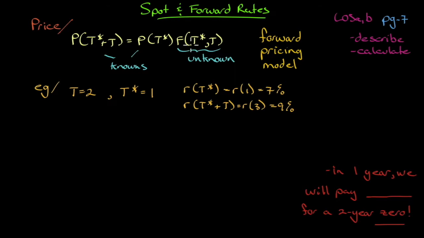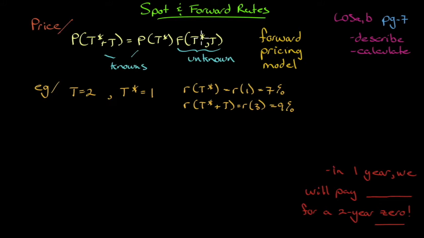This is our unknown. This is what we've got to figure out. And we have our price for a zero coupon bond that matures in T star plus T years, and a price for a zero coupon bond that matures in T star years. We just have to figure out what the discount factor is on the forward contract.